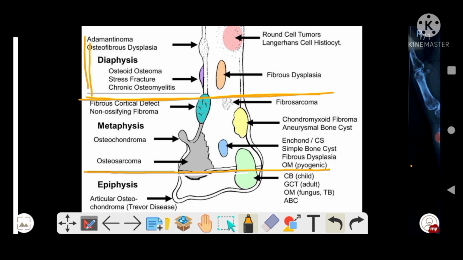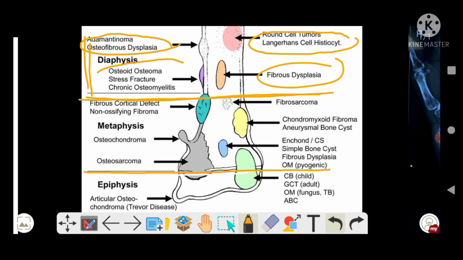If I start with diaphysis, you can see conditions like adamantinoma, osteofibrous dysplasia, round cell tumors, Langerhans cell histiocytosis, fibrous dysplasia, then osteoma, stress fracture, chronic osteomyelitis. All these conditions are found in your diaphysis usually.